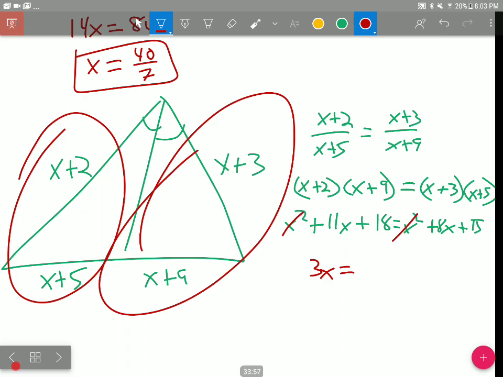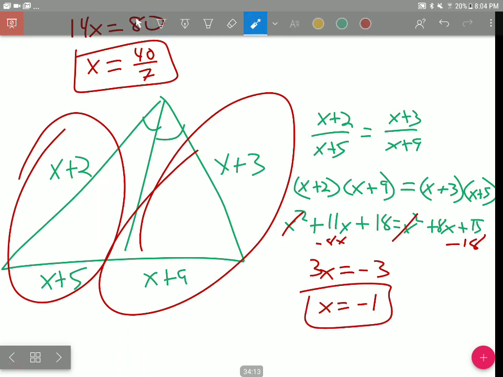Basically I'm subtracting the 8x and subtracting the 18 from the 15, so that's negative 3. X equals negative 1. Yeah, it can equal negative 1 because when I plug it back in, negative 1 plus 2 is 1, negative 1 plus 5. When I plug it in, all sides are still positive.